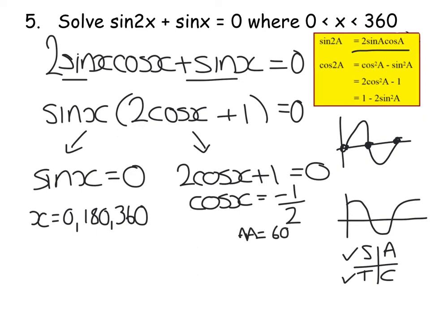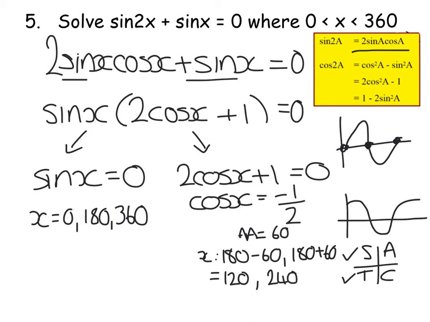Okay, so I always remember that sine 30 is a half, and that makes cos of 60 a half. The 30s and the 60s alternate. So the acute angle is 60. So then what we do is we do 180 take away 60, and we do 180 plus 60. So 180 take away 60 is 120, 180 plus 60 is 240.